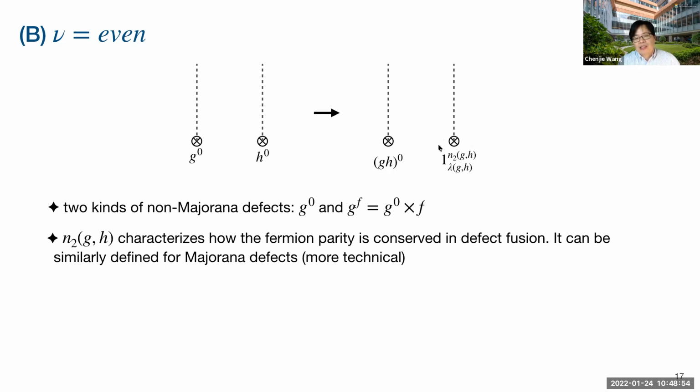So this is basically saying that there is probably an extra fermion we need to add, so that the total fermion parity on the left-hand side and on the right-hand side are equal. Otherwise, fermion parity will be violated. So this N2 basically characterizes how fermion parity is conserved in defect fusion.